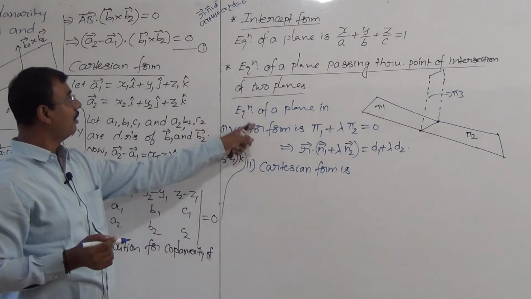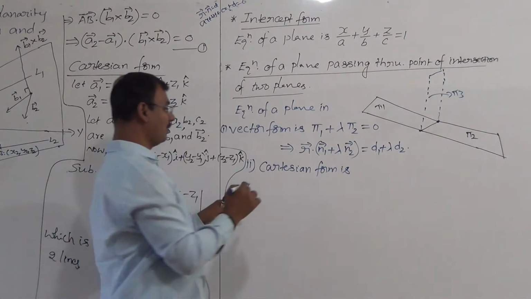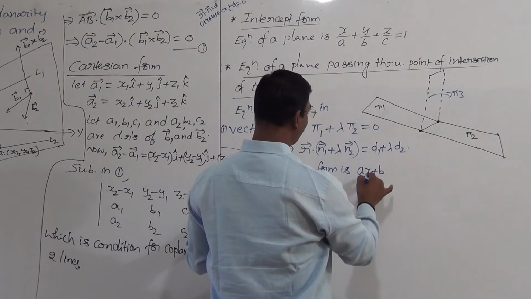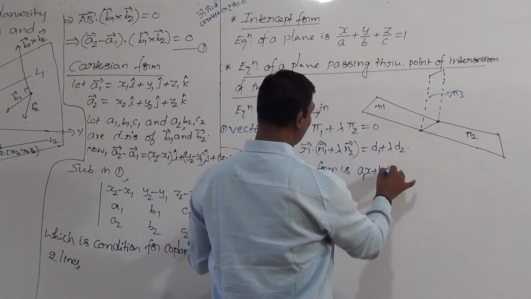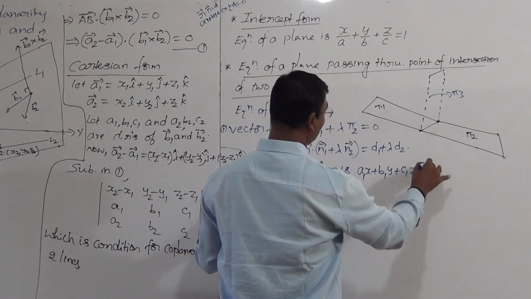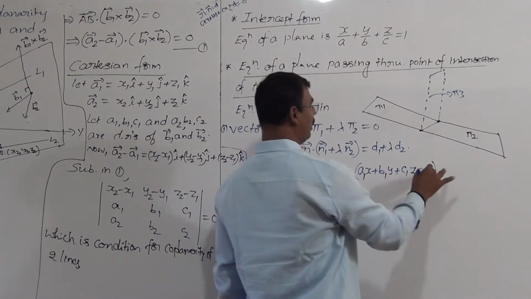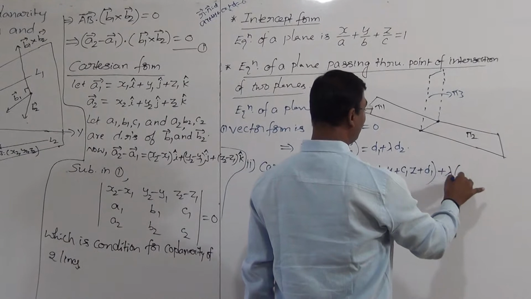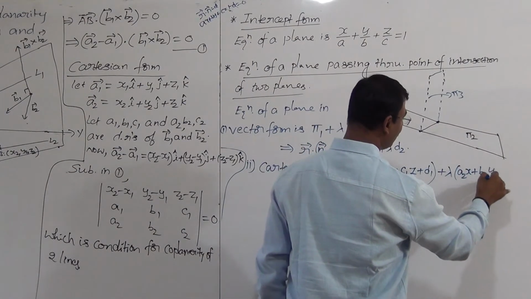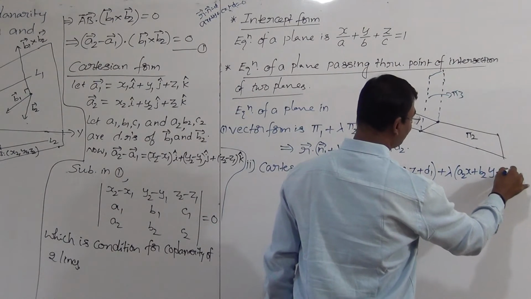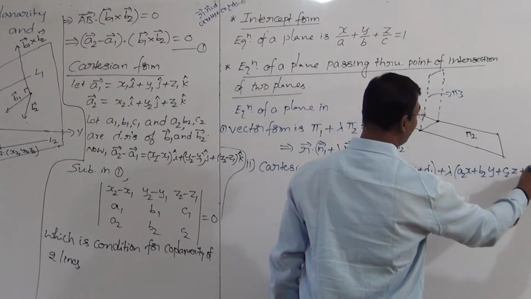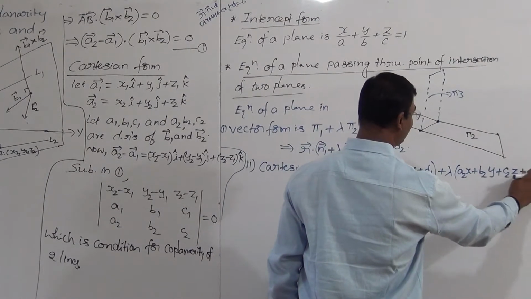So here also, how to write it: the two planes I am taking are a1x plus b1y plus c1z plus d1, plus lambda times (a2x plus b2y plus c2z plus d2), is equal to 0.